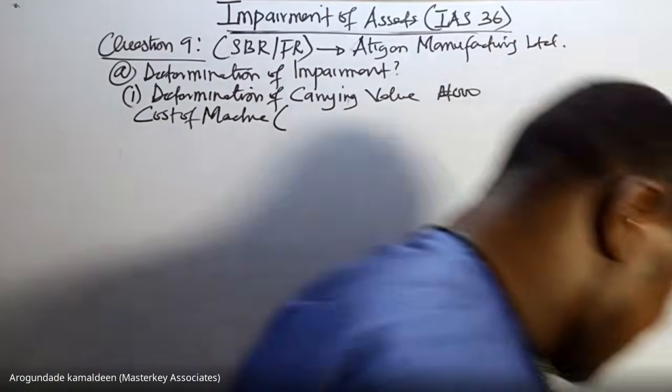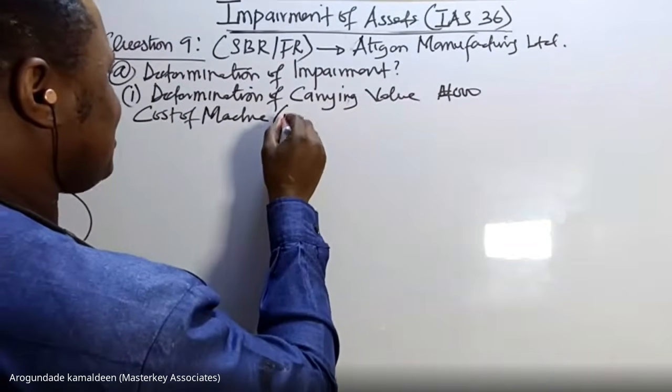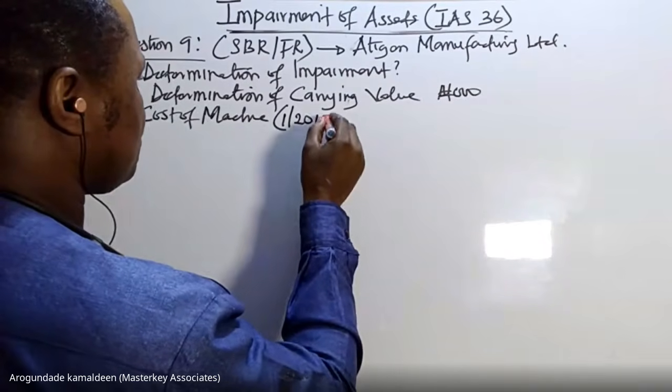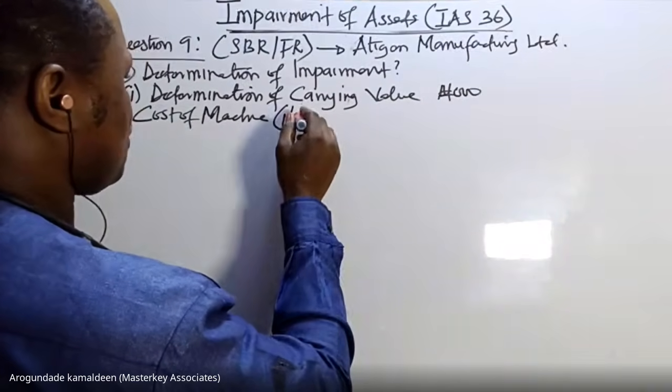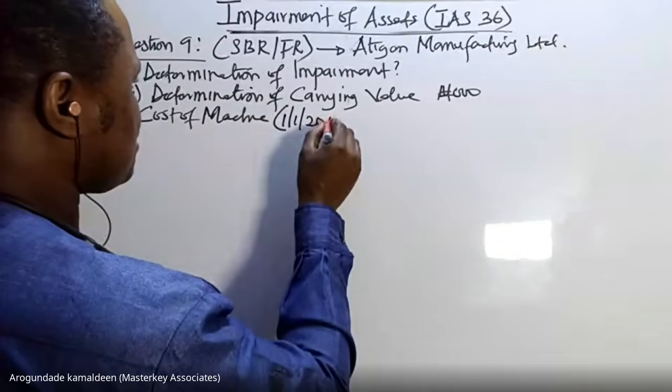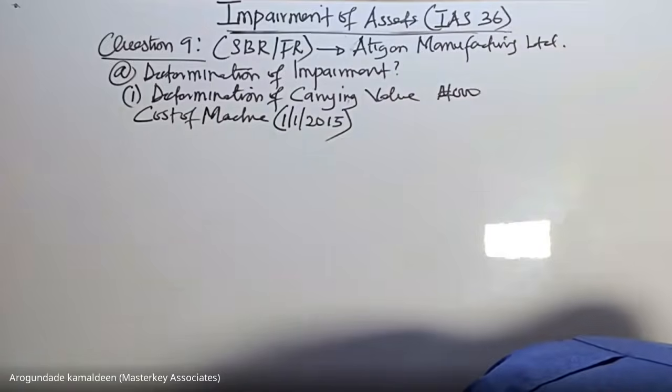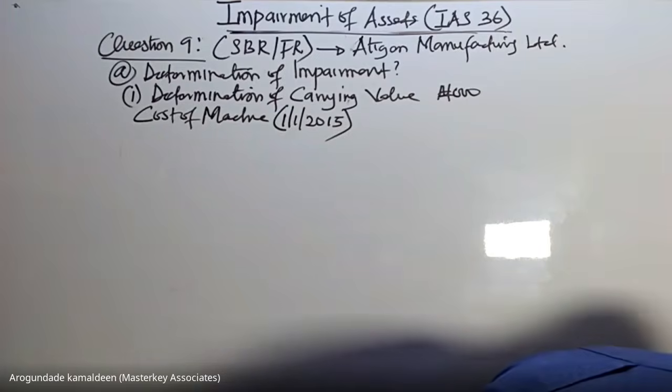On the 1st of January 2015, because the date is important, please. But is there something like the carrying value in the question there? Are you sure? Okay. We have the carrying value in the question. Yes. Carrying amount 80 million.